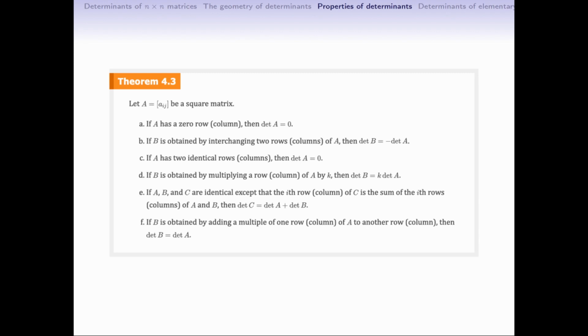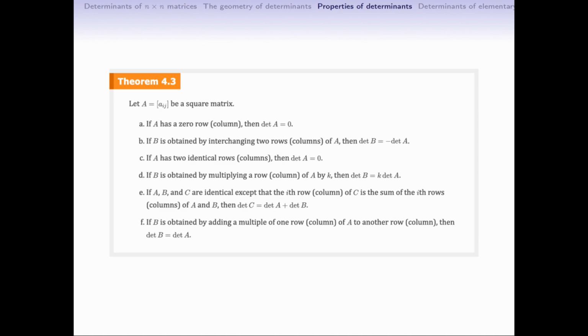Property D says that if capital B is obtained by multiplying a row or column of A by K, then the determinant of B is going to be K times the determinant of A. Property E says that if A, B, and C are identical, except that the ith row or column of C is the sum of the ith rows or columns of A and B, then the determinant of C is simply the sum of the determinants of A and B. And finally, property F says that if B is obtained by adding a multiple of one row or column of A to another row or column of A, then the determinant of B is equal to the determinant of A.